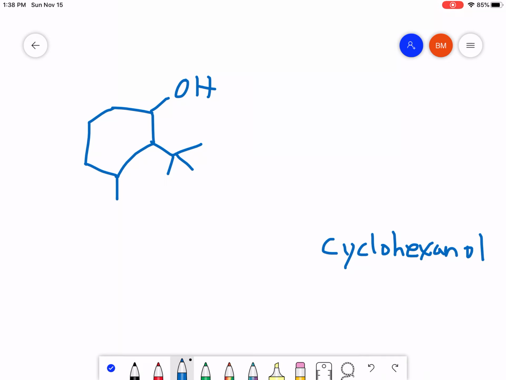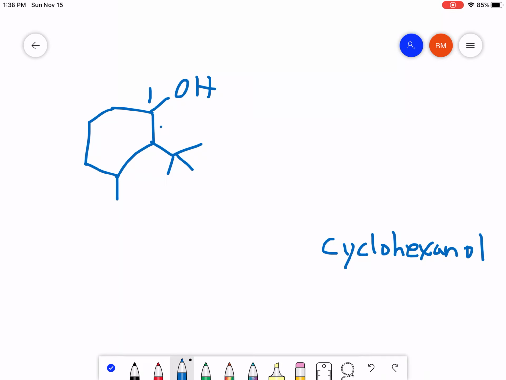And it is understood that the carbon in a ring that has your OH is going to be carbon number 1. No matter what else is going on, that one's going to be number 1. So you don't even have to write 1-cyclohexanol because it's always understood to be number 1. So you can just leave it as cyclohexanol. And then you follow the other rules.